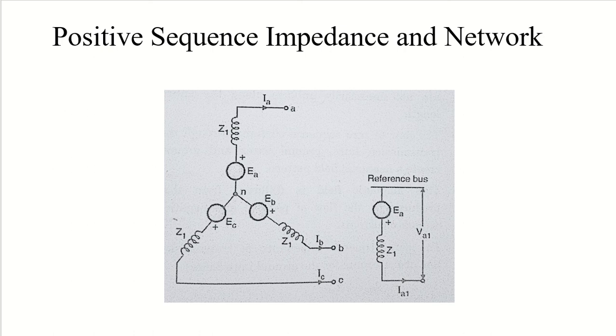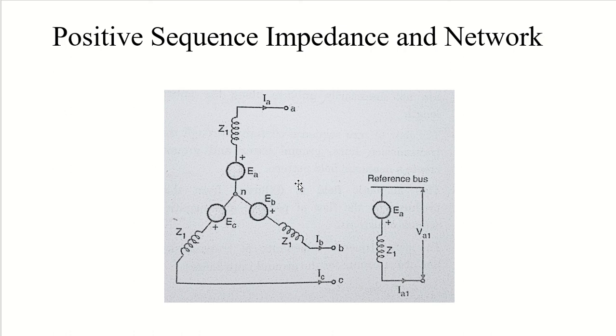Now during the short circuit condition, if my machine is unloaded, the terminal voltage will constitute positive sequence voltage. But now if the circuit is under loaded condition, then the voltage behind appropriate reactance will constitute the positive sequence voltages, right? So here in this image you can see three-phase model of positive sequence network of synchronous machine, and as you can see that In is equal to 0, and Zn will not appear for positive sequence current because your system is completely balanced.